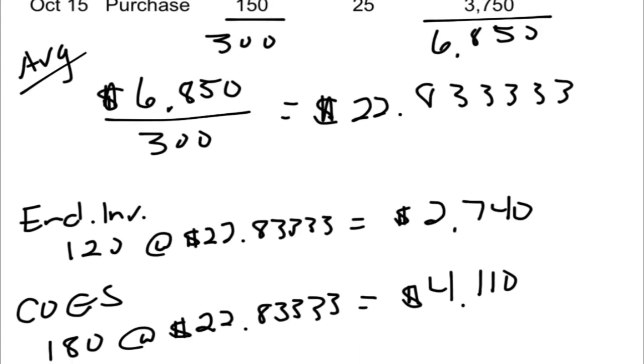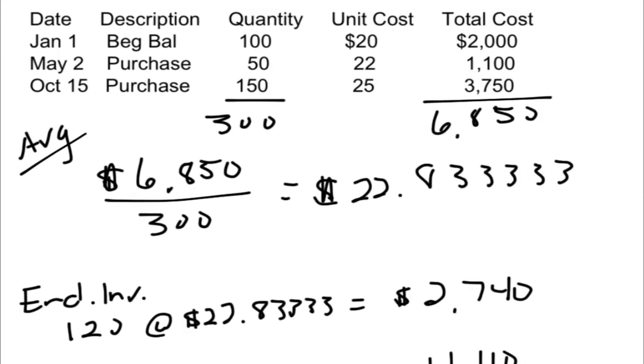If you take 6,850 and subtract 4,110, you should get 2,740, which was the ending inventory. And if you take the 6,850 and subtract your ending inventory of 2,740, you should get cost of goods sold, which is 4,110. Because there's only two things that can happen with that 6,850. That represents everything we had available for us. We can either sell it or keep it. So they should always add together to equal that total.